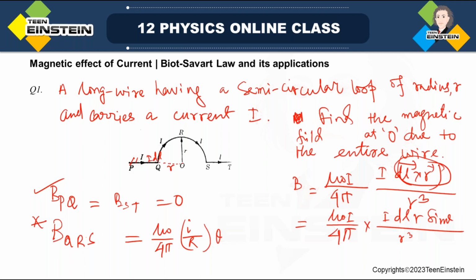Now the value of theta: this theta is the angle subtended at the center by the arc, so that will be 180 degrees or pi.